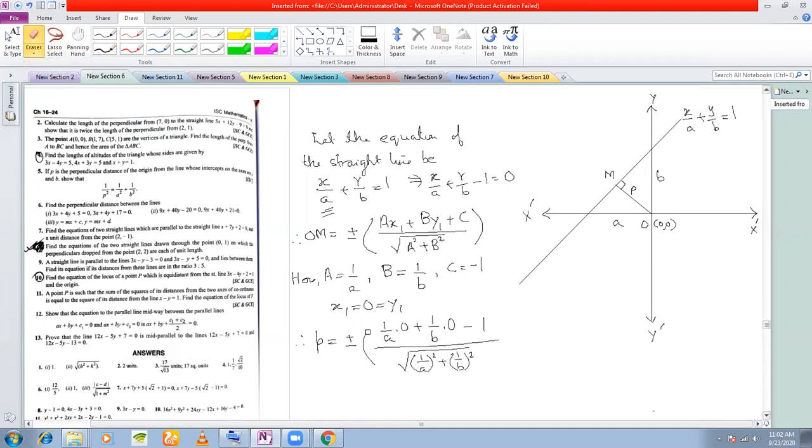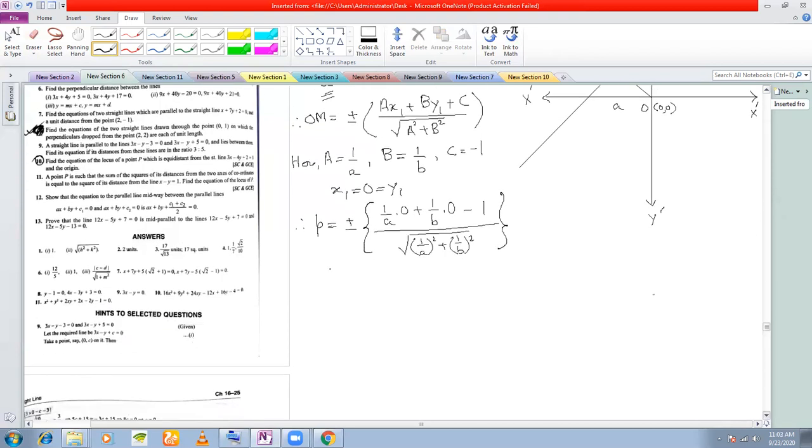Just put this in curly brackets. So what do you get? P is equal to plus or minus minus 1 by root over of 1 by a square plus 1 by b square.